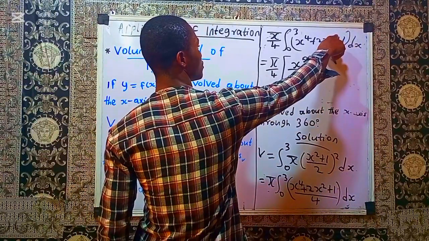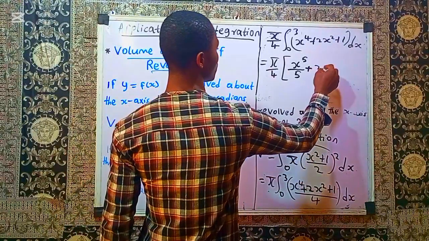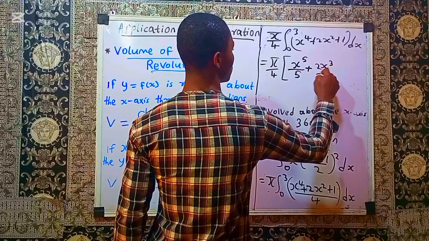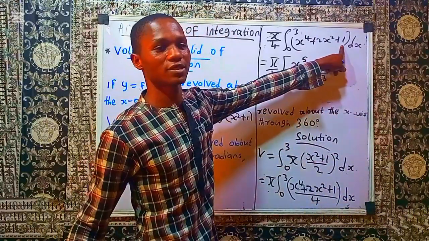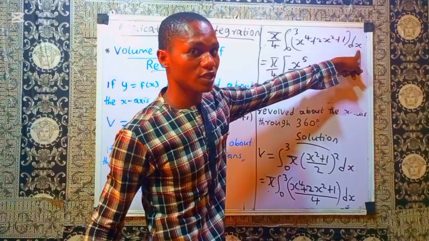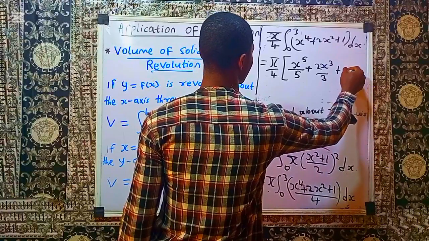The index is 2. If you add 1 to 2, you are going to get 3. So you have 2x to the power 3, then you divide by 3. Then if you want to integrate 1, it is a constant. So the integral of 1 is 1 multiplied by the variable you are integrating with respect to. That's how to integrate a constant. That's 1 multiply x, which is x.